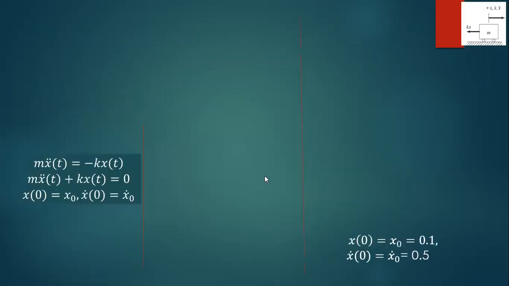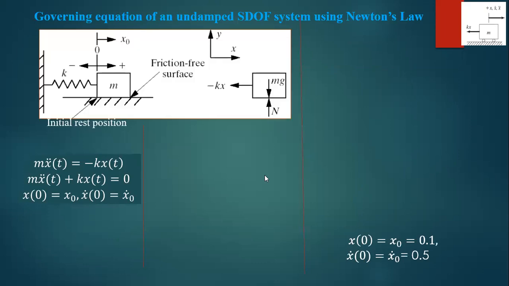Okay, so the governing equation for this system is m x double dot of t plus k x of t equal to 0, and the initial conditions are already provided. x at time t equals 0 is x naught, which is given as 0.1, and x dot at time t equals 0 is x dot naught, which is 0.5 meter per second.